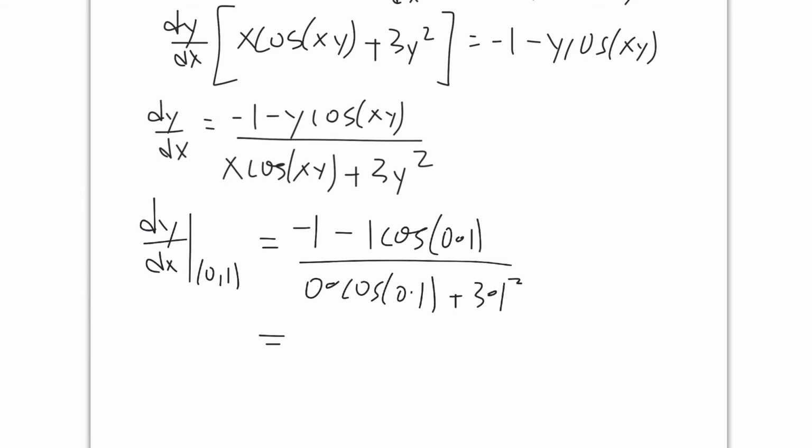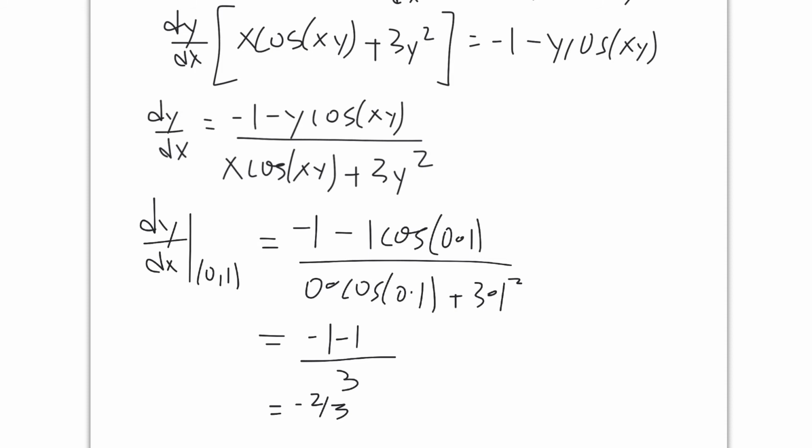We do want to know our basic values of the unit circle. Cos of 0 is going to be 1, so that's helpful to know here. That'll give us negative 1, subtract 1. 0 times anything is just 0, and then 3 times 1 squared is 3. So we have our final dy/dx as negative 2 over 3.